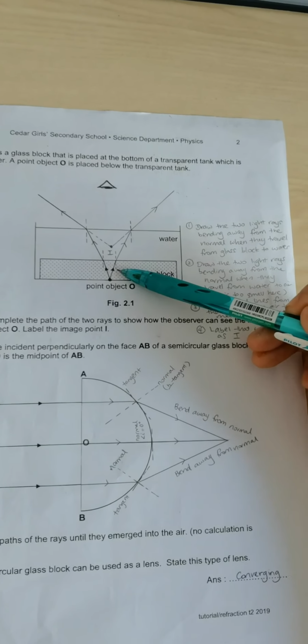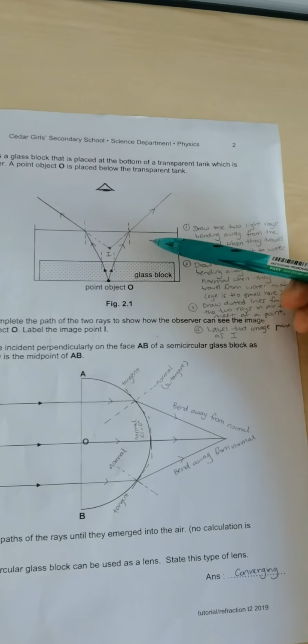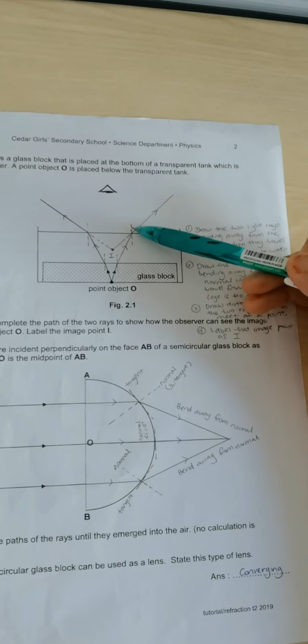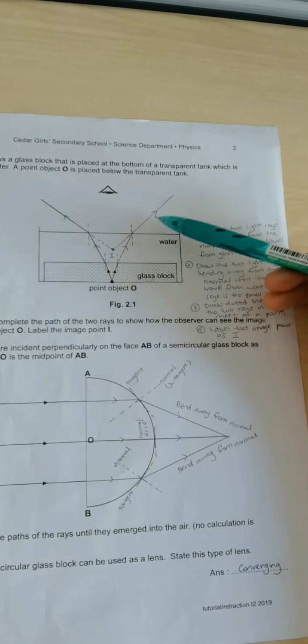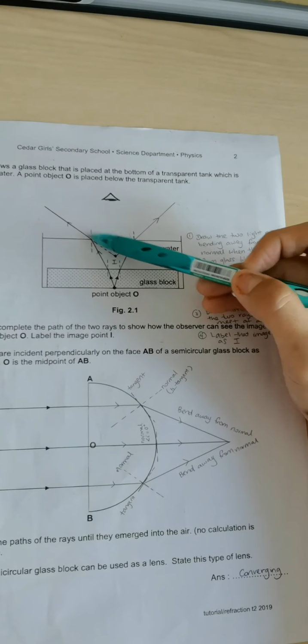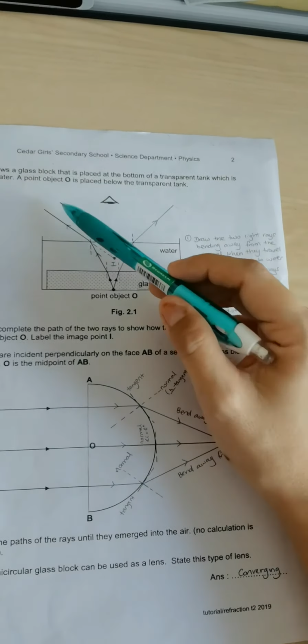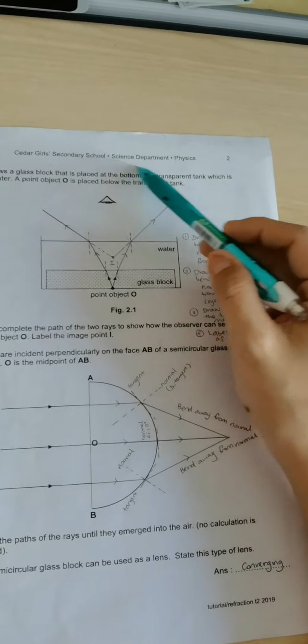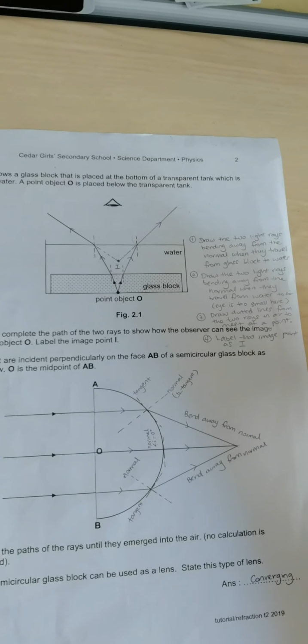And then when it comes from water to air, again it is optically denser medium to less dense medium, and the light ray is going to bend away from the normal again. So by right your eye should be at this position, so big here, right?